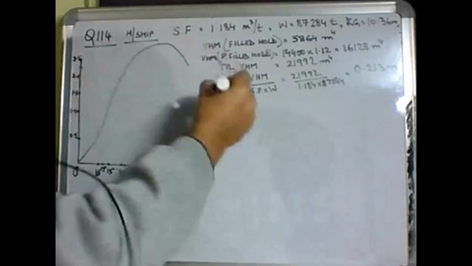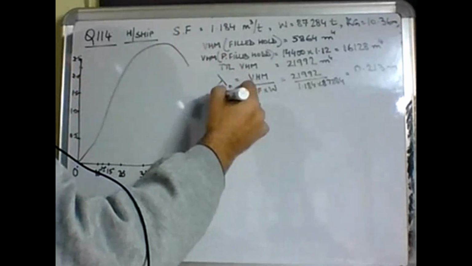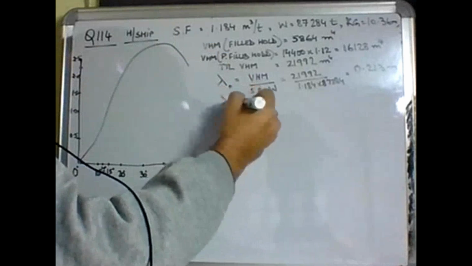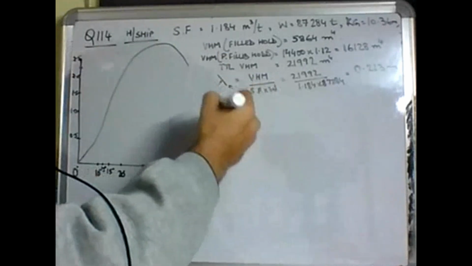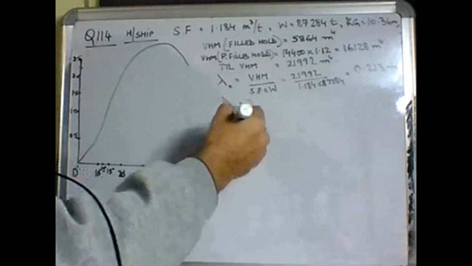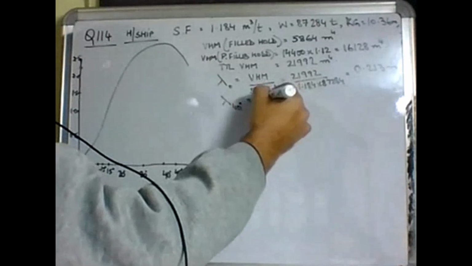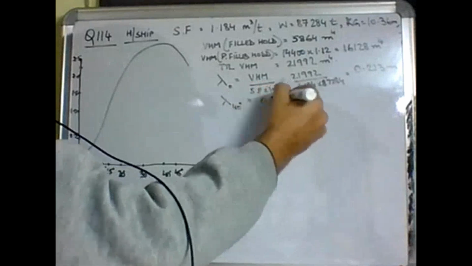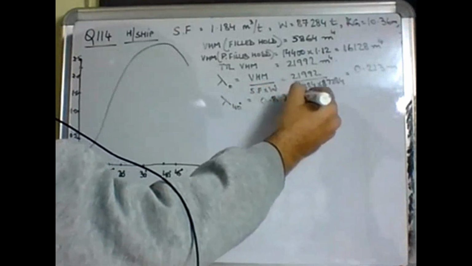So lambda 40, the value of the healing lever at 40-degree angle of heel. Sir, lambda क्या है? I'll just come to that. It is equal to 0.8 times, again a constant value, lambda zero.